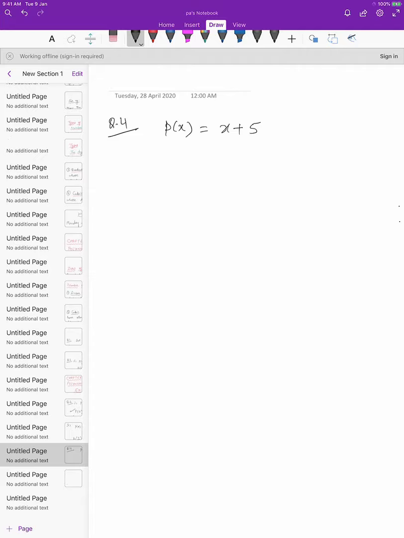But the method is you just put the polynomial equal to 0 and see what is the value of x coming out, minus 5. So you can say x is equal to minus 5 is a zero of the given polynomial p(x). Let's take one more example. Say p(x) equal to 2x plus 5.